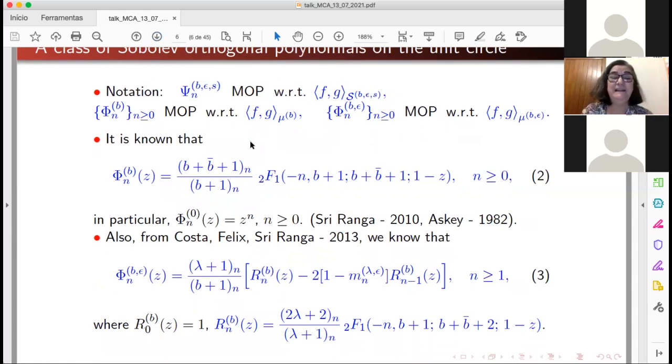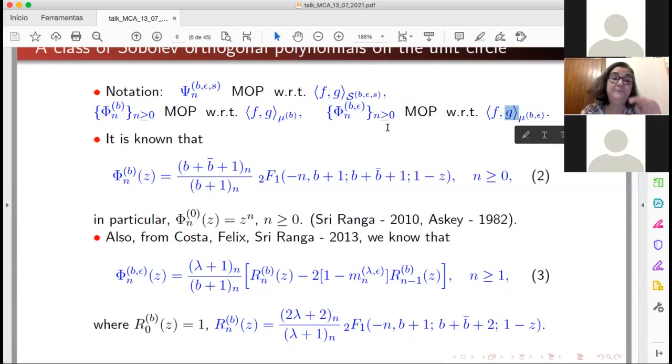For our notation, we always call psi n the monic Sobolev orthogonal polynomials. Phi n b will be the monic orthogonal polynomials with respect to mu b, and phi n b epsilon with respect to mu b epsilon.